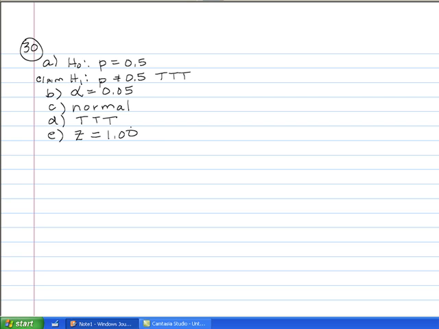What we do is we look up the value for one. Actually, a -1 is the better one to look up. -1.0. We get 0.1587.